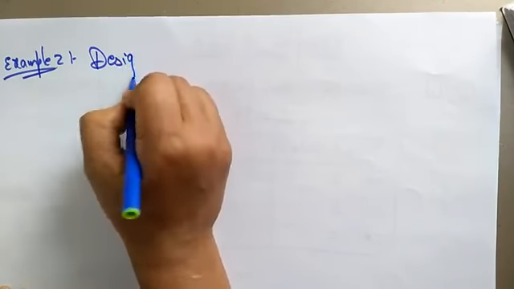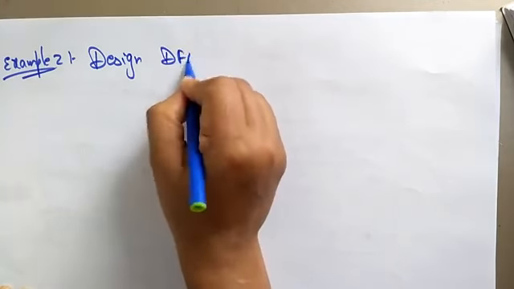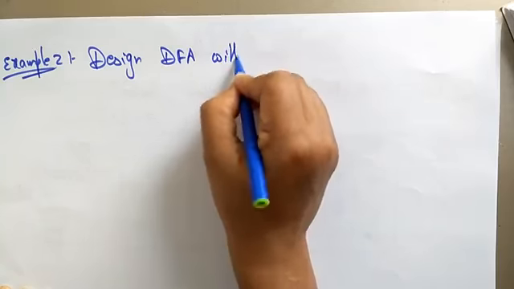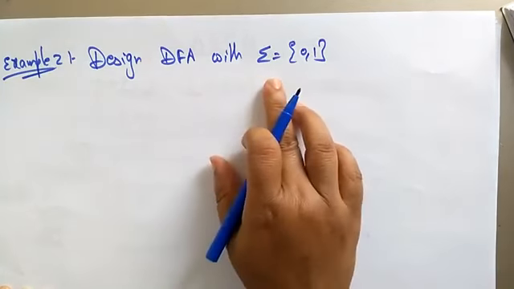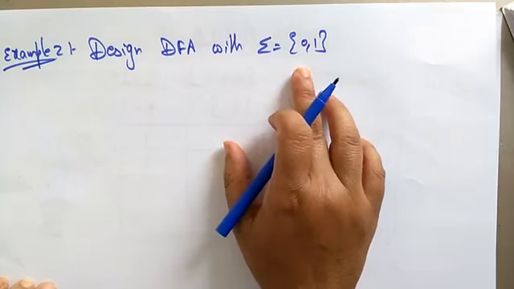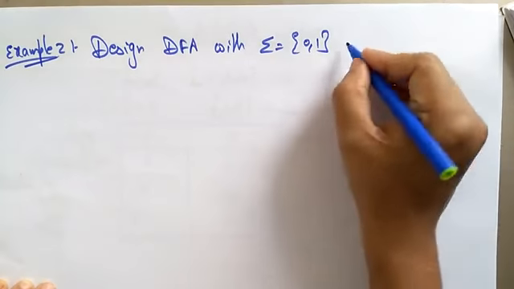Here the question is: design a DFA with Sigma equal to 0, 1. Sigma means the set of alphabet, so the input symbols are 0 and 1.